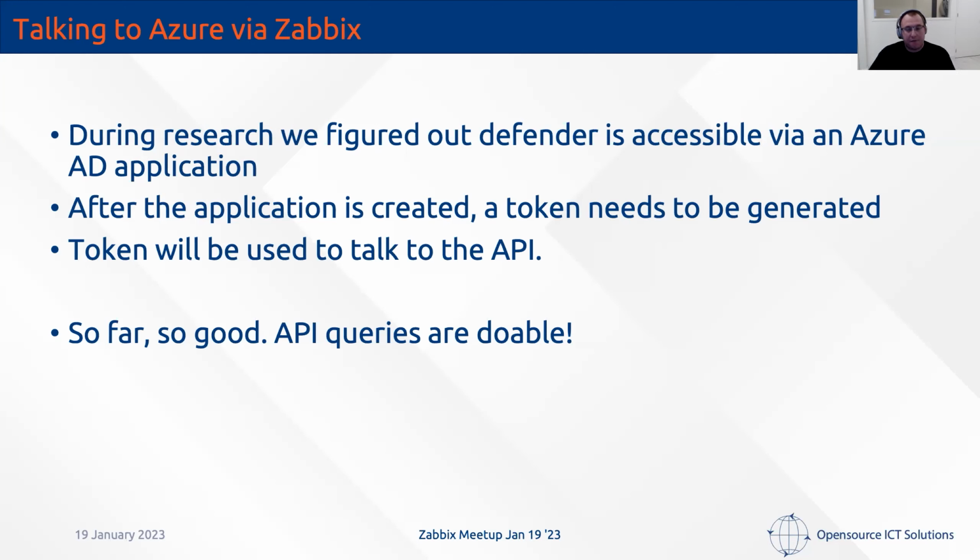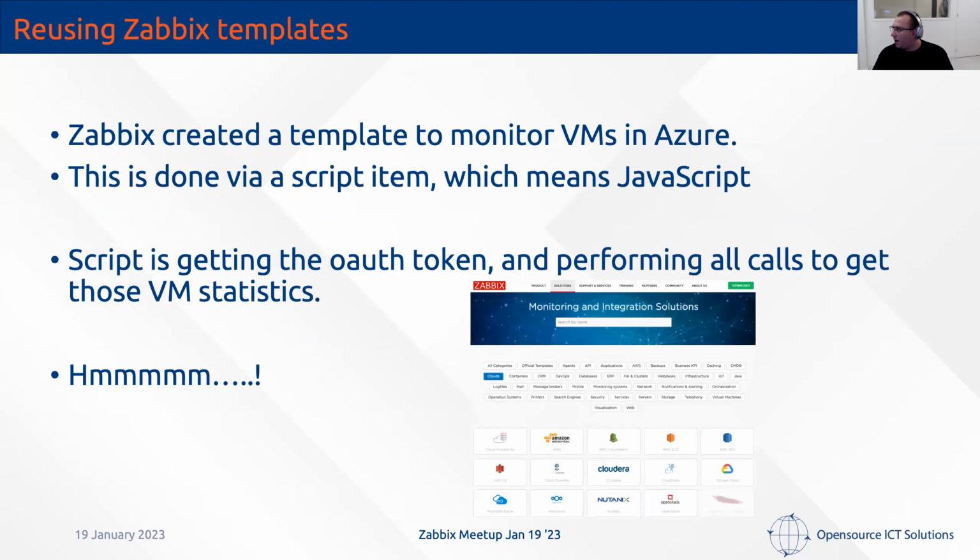So we moved forward and we had that buzzword Azure already. And then the question, of course, is how to get started, where to get started. And in this case, it was by far the easiest thing to look at what Zabbix already created. So there is an already predefined template to monitor virtual machines in Azure.